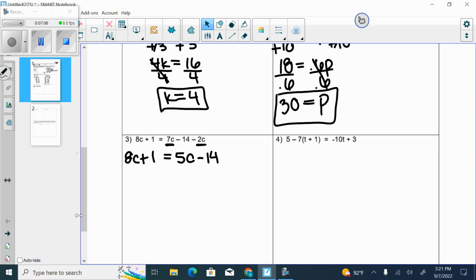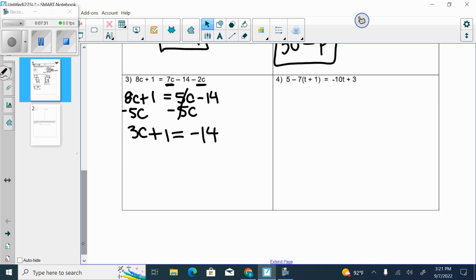So remember, if they're on the same side, you just put them together. You don't have to move them by adding or subtracting, okay? All right, so now what should we do? Very good. And what is 8c minus 5c? Very good. So we have 3c plus 1 equals negative 14.